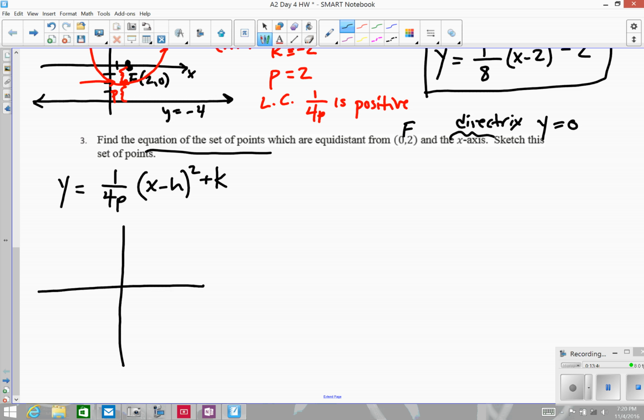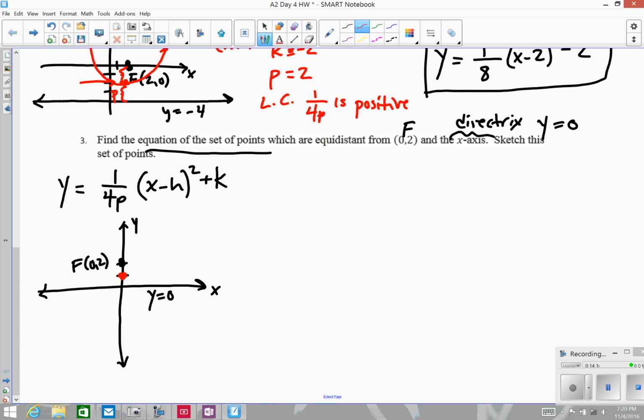So, focus point at 0, 2. 0, 1, 2, here's the focus point. Directrix is the x-axis, so don't have to draw another line. This is my directrix. And my vertex then, going to be right in between this line and that focal point.